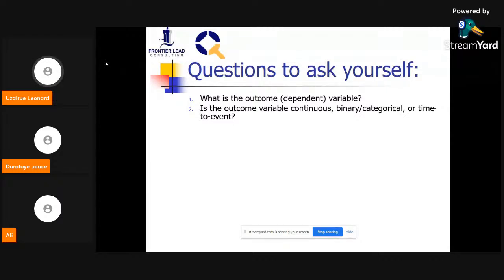Then when we talk about quantitative, which is also referred to as continuous, we are talking about parasite density, because we are talking about numbers now. You can say we have 200 parasites per cubic centimeter. So that is continuous. That is quantitative.